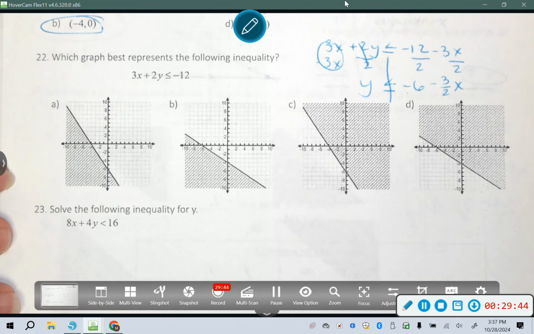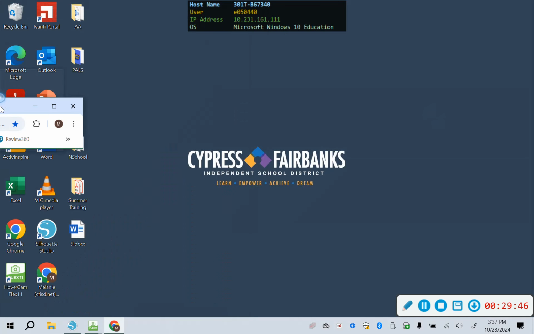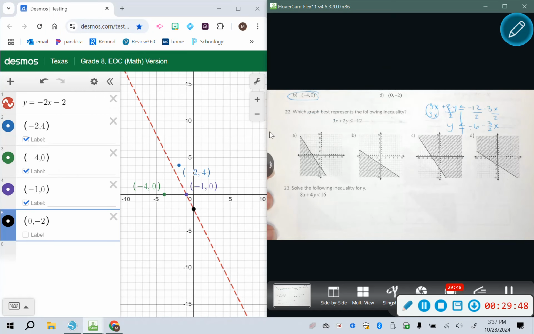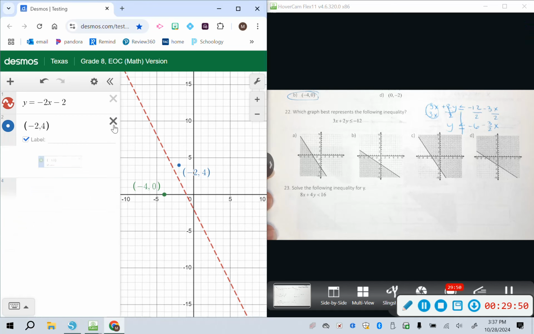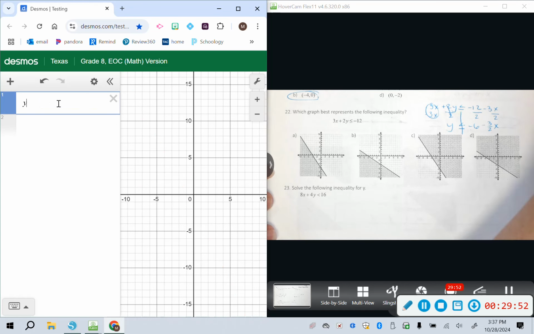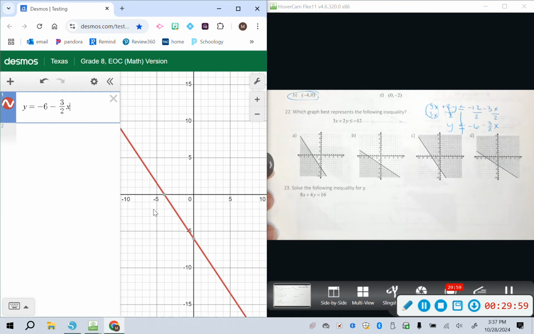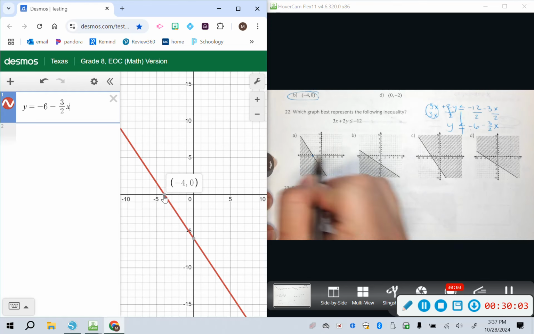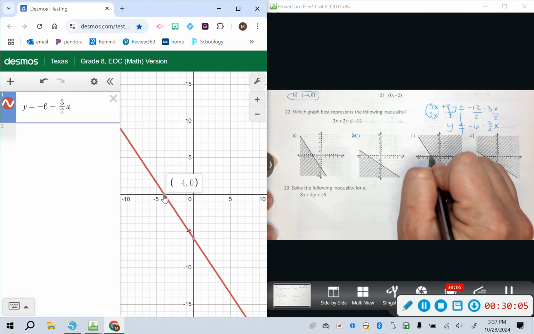So we can use our calculator to help us here. We've already solved for y, and so I can type it in as an equal sign. So y equals negative 6 minus 3 over 2x. And check my intercepts. I have an intercept at negative 4. This one has an intercept at -4. This one does not. This one has an intercept at -4.